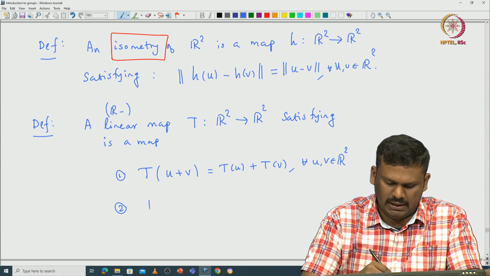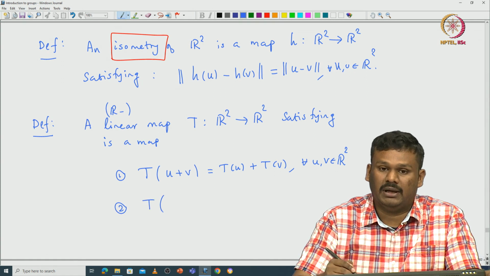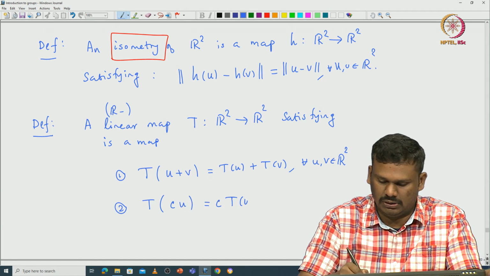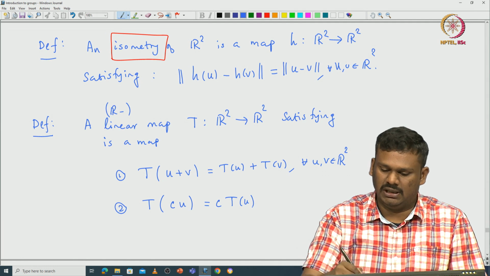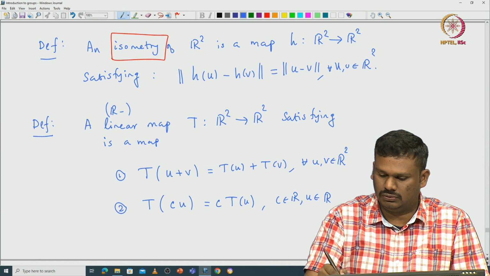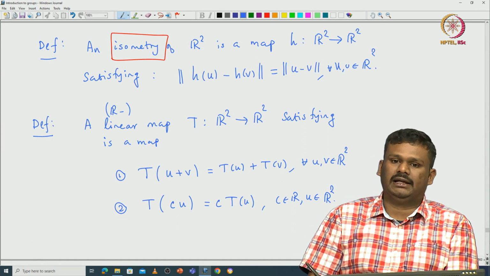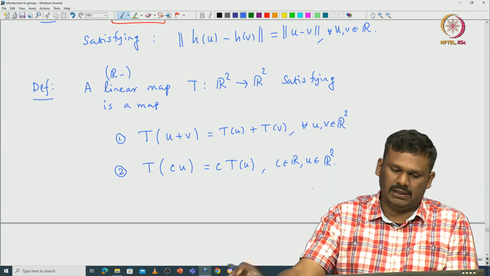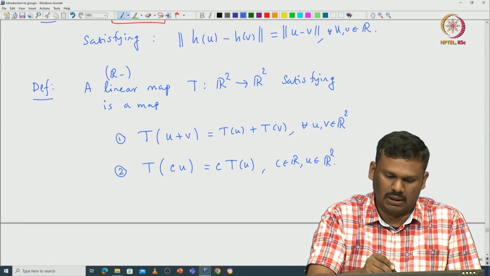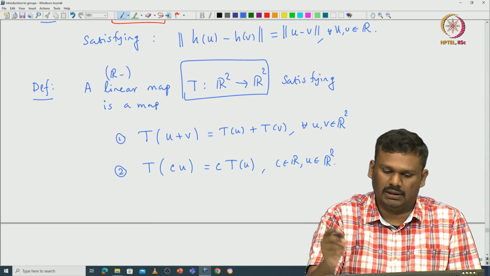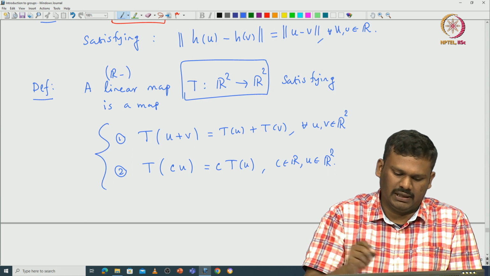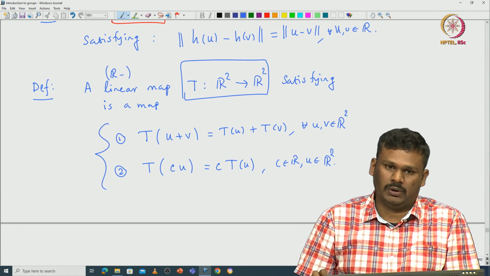Whenever you multiply by some constant c times u, the c comes out, giving you c times T of u, for all c in R and u in R2. The linear maps are well studied in linear algebra, but even if you haven't done any linear algebra course, you can just work out linear maps defined on R2. Linear maps are defined using these two properties.